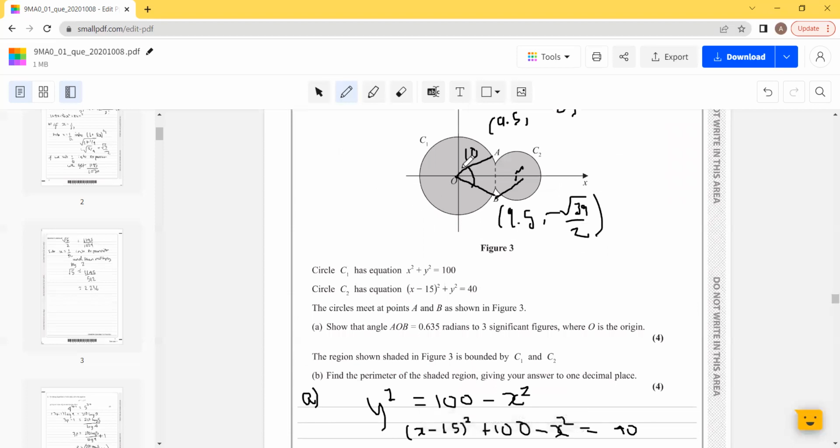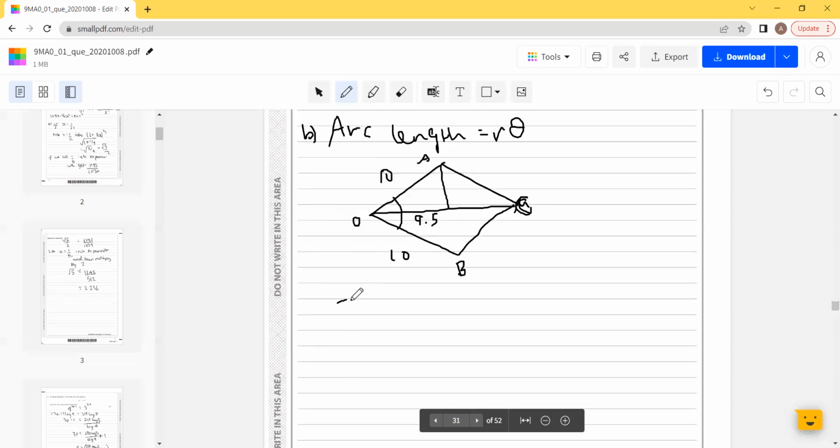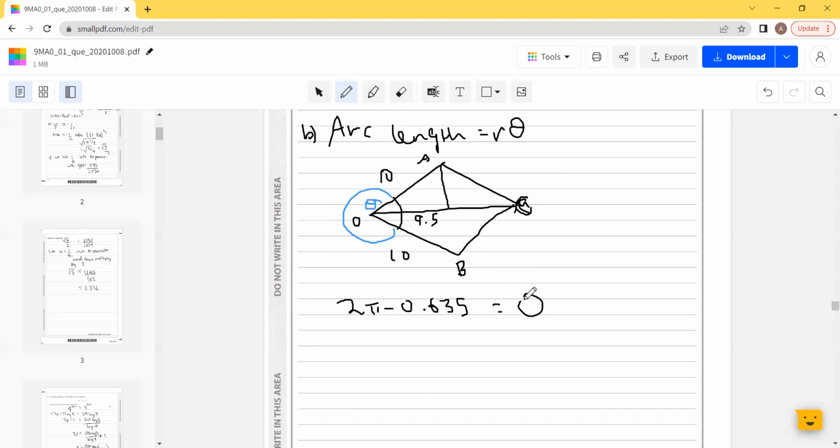To find what the angle is, I'm going to do 2 pi minus 0.635, which is the obtuse angle which is outside. This obtuse angle, I'm going to call this equal to theta. It is what we need to find the arc length.